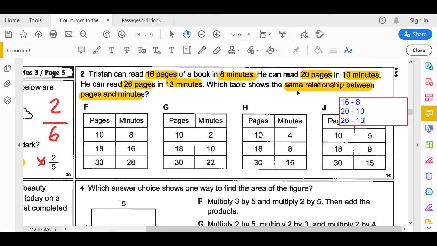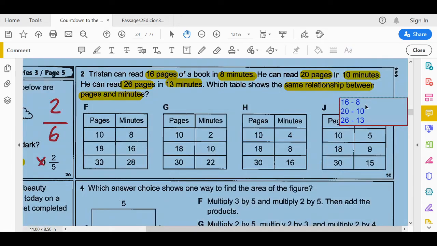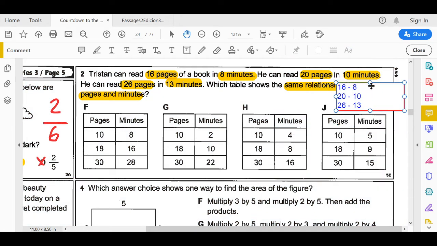Now, based on that information, I notice, and I'm sure you noticed too, that the first number, which is the number of pages, is basically 2 times the number of minutes. It is the double of the other number. For example, 16 is the double of 8.